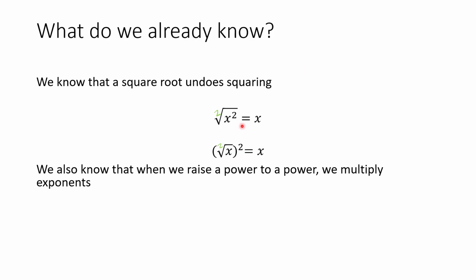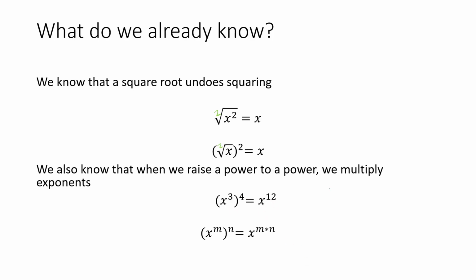But I think pretty much everybody does cover this in Algebra 1. And here's what we mean by raising a power to a power. If I have x to the third and I raise that whole thing to the fourth power, that would give me x to the 12th, meaning we multiply the 3 and the 4.